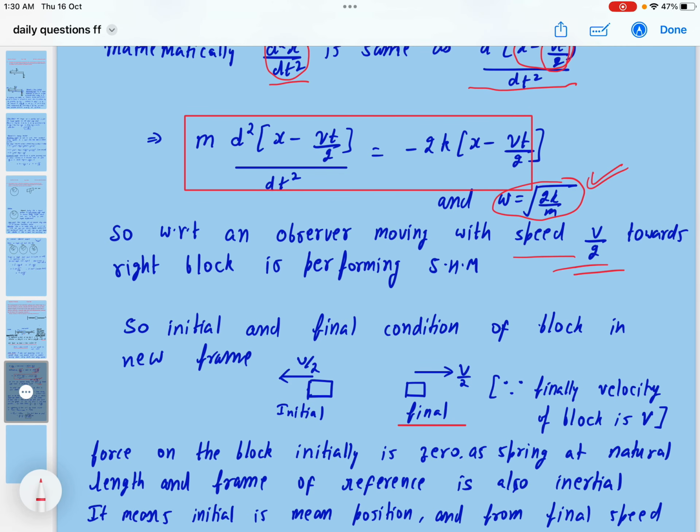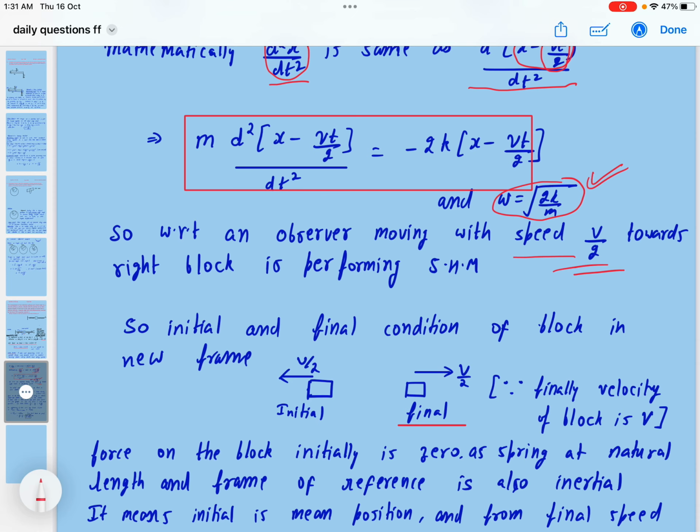Now initially, what are the forces acting on the block with respect to our new frame? Springs are at natural length, so no spring force, and our frame of reference is also an inertial frame of reference, which means the pseudo force is 0. So no problem in that also. It means initially the location of the block is the mean position with respect to our new frame of reference.